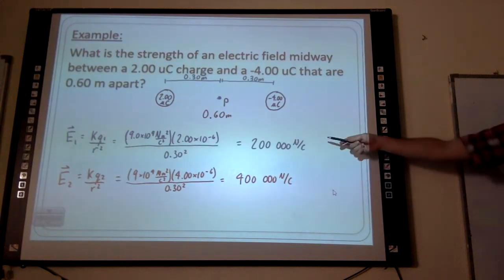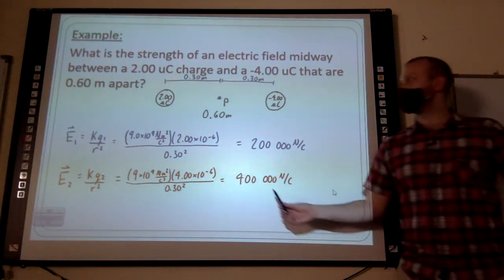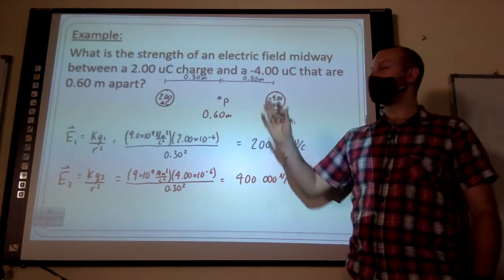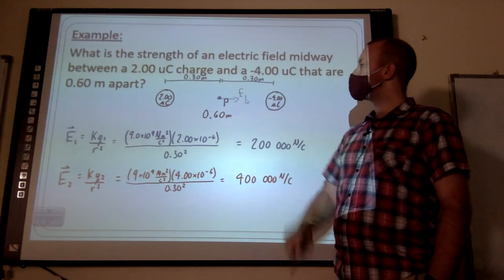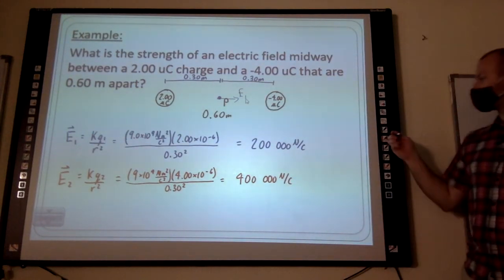So if I look at electric field 1, due to the positive 2 microcoulombs, what direction is that field pointing? If I were to draw an arrow at this point, where would E1 point? To the right. So my E1 is pointing this way. How about E2?